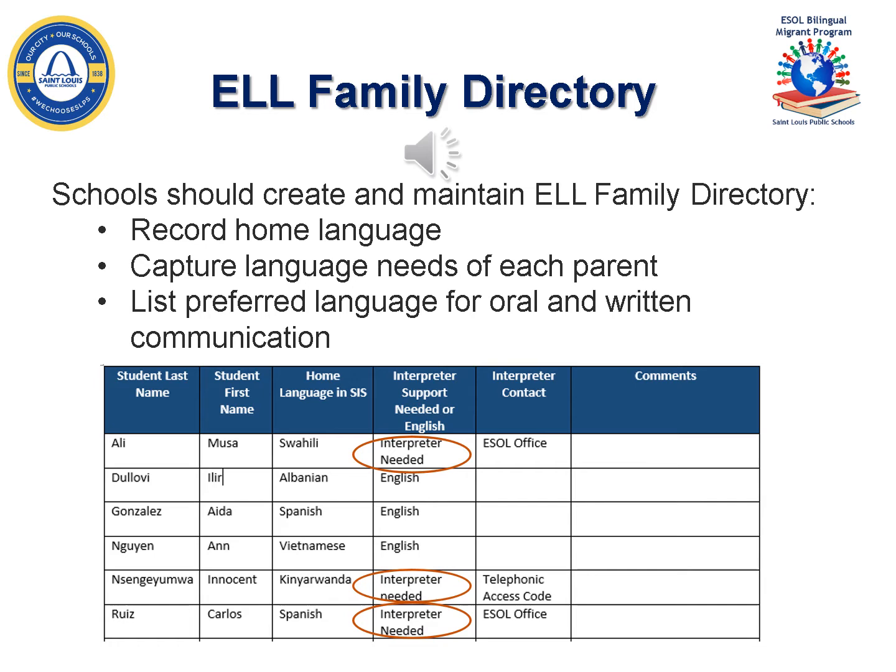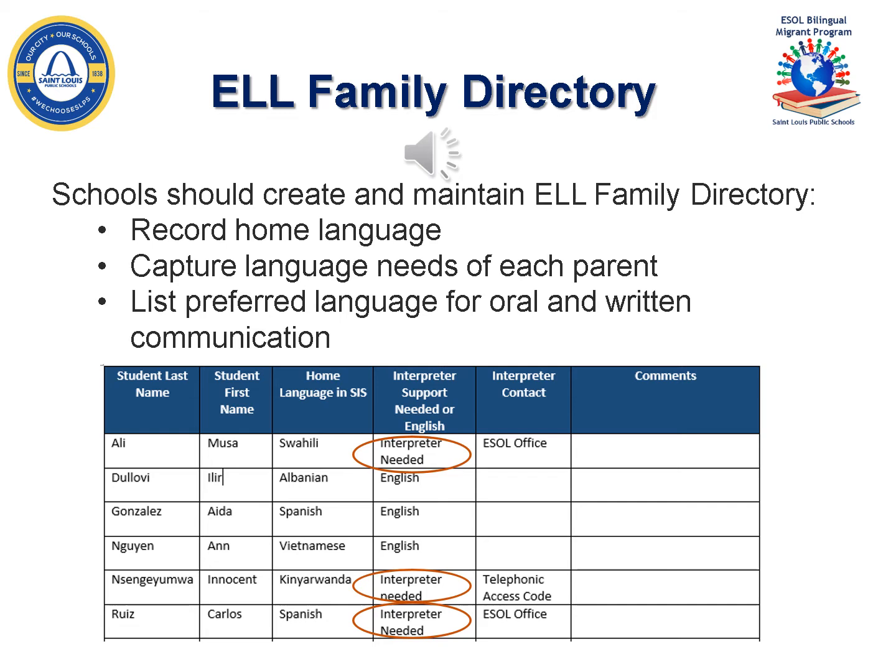Let's take a look at families that need an interpreter to ensure meaningful communication. Based on our sample directory here, there is a Swahili, Kinyarwanda, and a Spanish-speaking family that need an interpreter. The ELL family directory should reflect where to turn for language access support when an interpreter is needed.